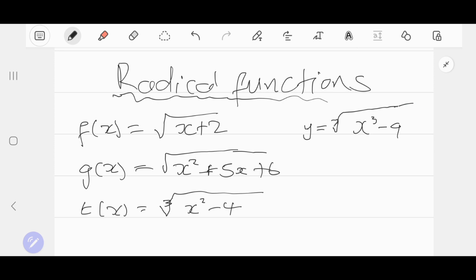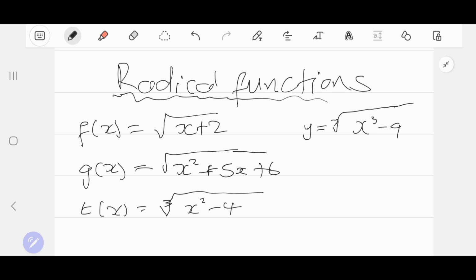So these are the types of functions, people, that you can get. We call them radical functions. They are polynomials that are placed under a root sign, or a radical sign. But there's the most important thing that you need to know, people.